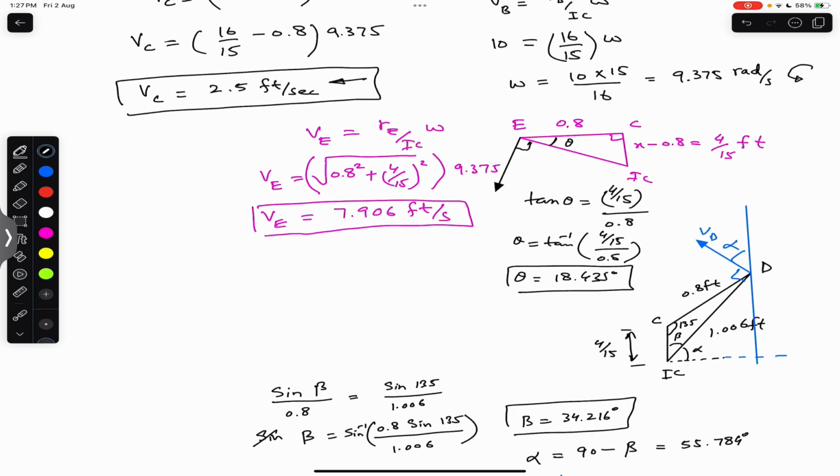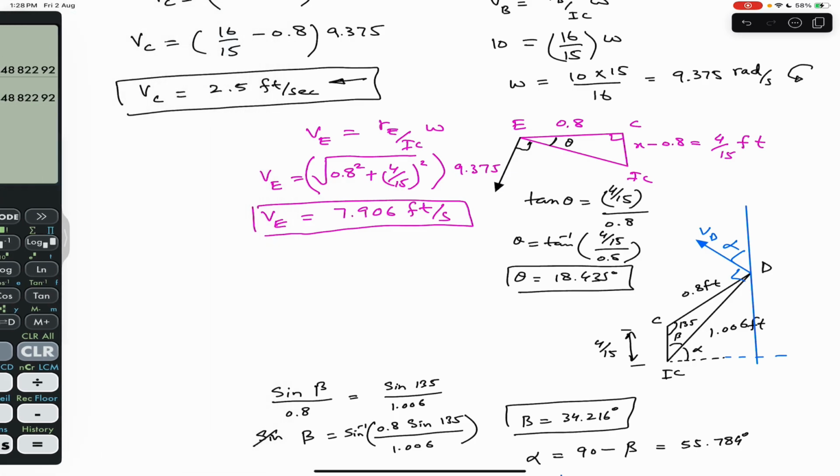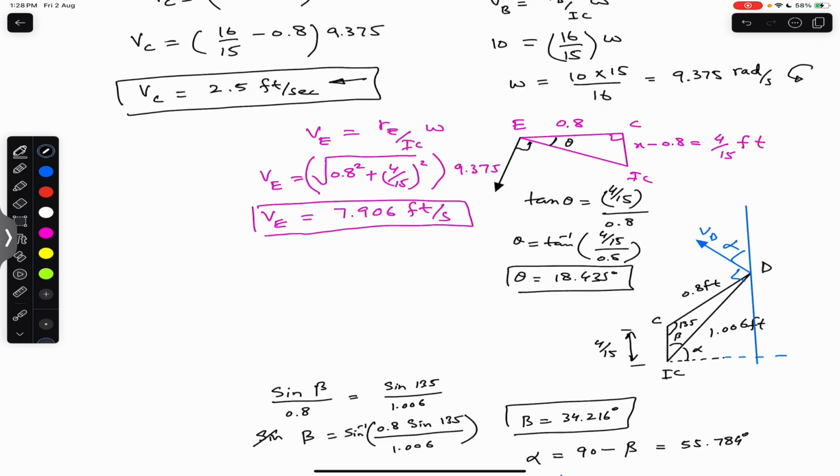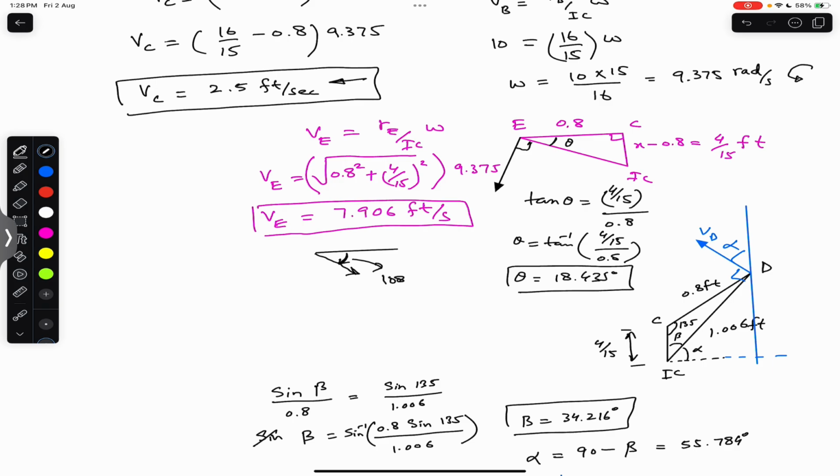So VE is making this answer plus 90 degrees, 108.434. Which is 108.43. So VE has a magnitude of 7.906 feet per second, and it is making 108.43 degrees with the horizontal in the clockwise direction.